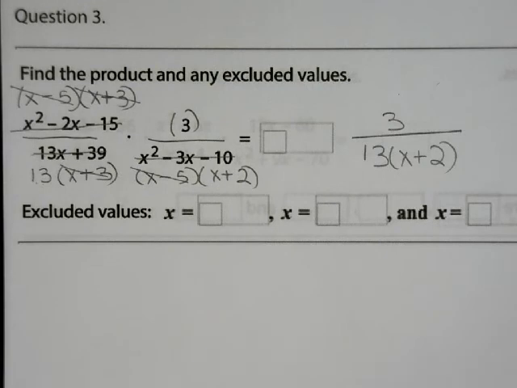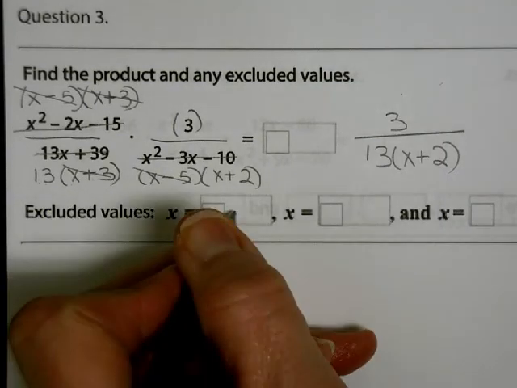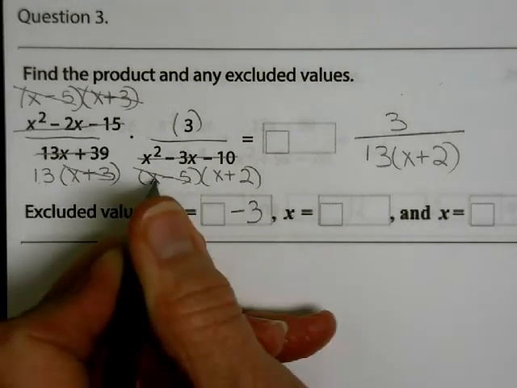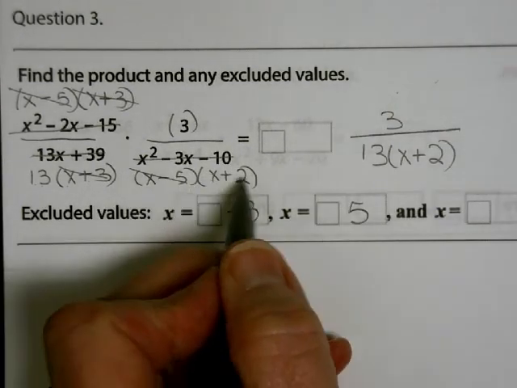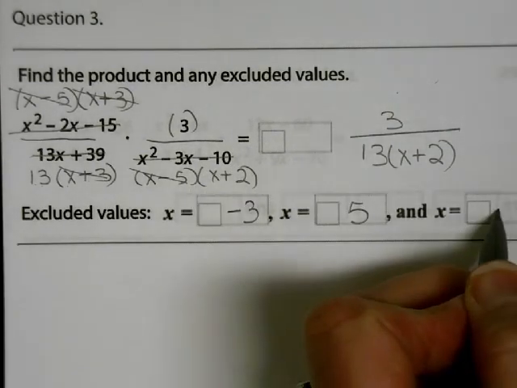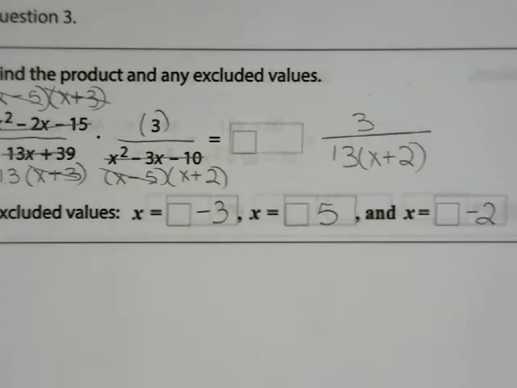And the excluded values come from the original denominators. So if x plus 3 is a denominator, the excluded value is negative 3. If x minus 5 is a denominator, the excluded value is 5. If x plus 2 is a denominator, the excluded value is negative 2.